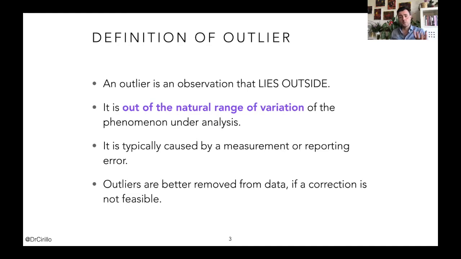In fact, what is relevant to stress is that typically an outlier is nothing more than an error of measurement or a problem of reporting. So maybe the measurement was correct, but then it was reported in the wrong way, like forgetting a comma or a dot or whatever, as we shall see in a minute.